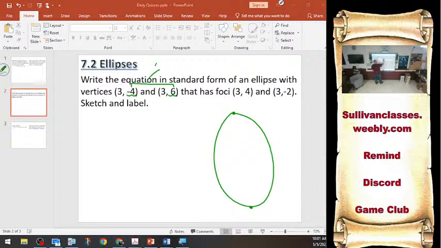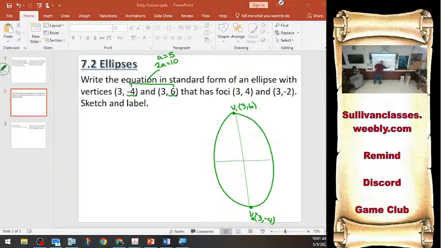Additionally, that distance is going to be 2a, my major axis. It's 10 units long. A is 5. So I'll label vertex 1, 3, 6. Vertex 2 is at 3, -4. And halfway in between them is my center.